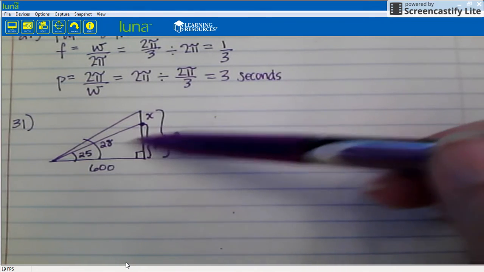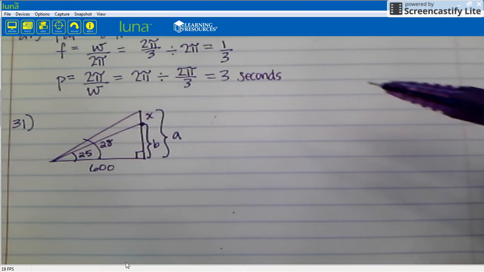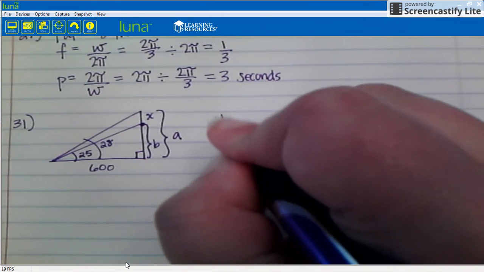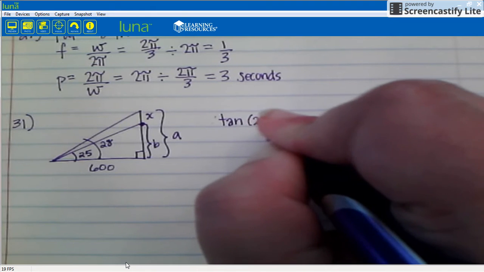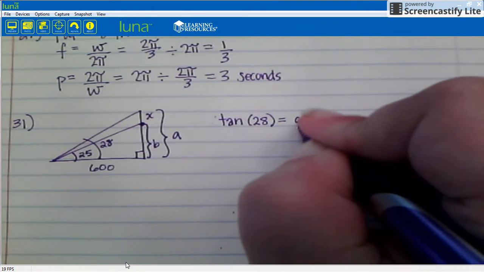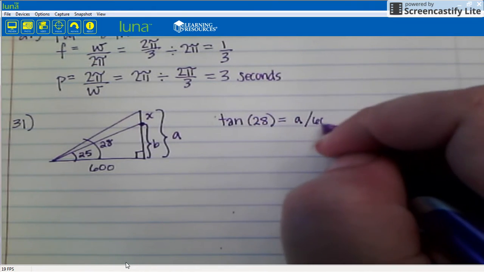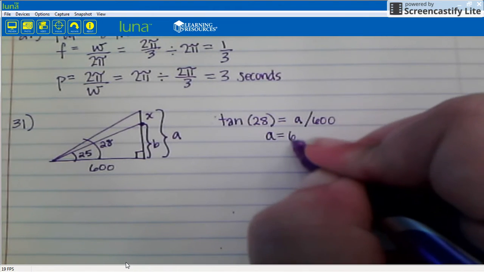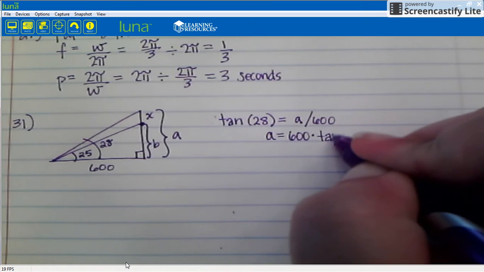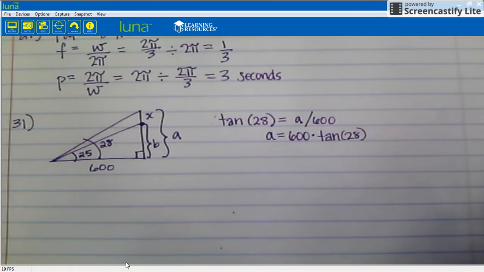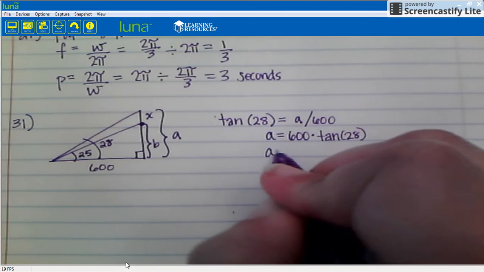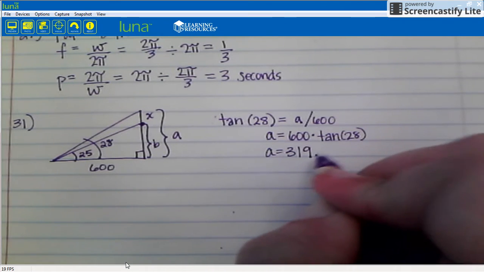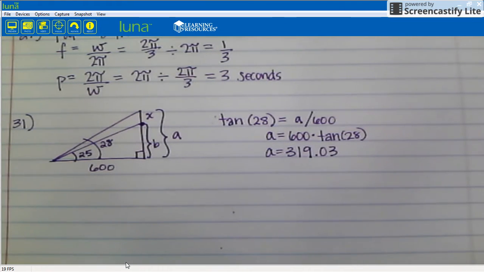So I'm dealing with the opposite and the adjacent, so I'm going to work with tangent. So I know that the tangent of 28 is equal to A over 600. So that means A is equal to 600 times the tangent of 28. Which is going to be 319.03.